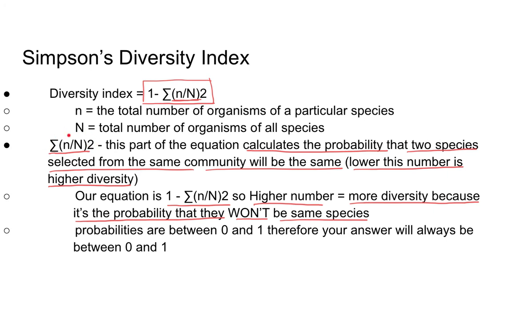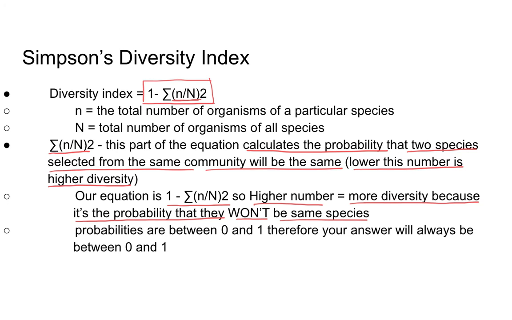So the lower this individual number, the higher the diversity. But when we frame it in terms of the entire formula, including that 1 minus, that's when we're talking about the entire community, not just the individual species, but the whole community together. So the higher the entire result, the more diversity, because we're looking at the probability that these animals or these plants or these insects won't actually be part of the same species.